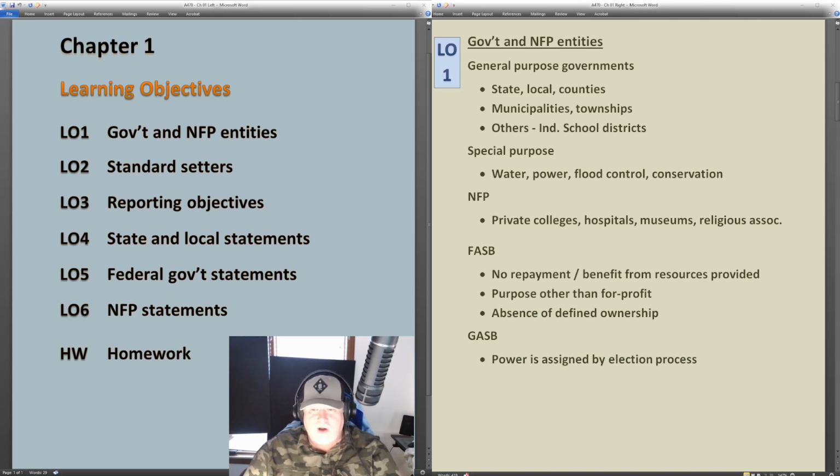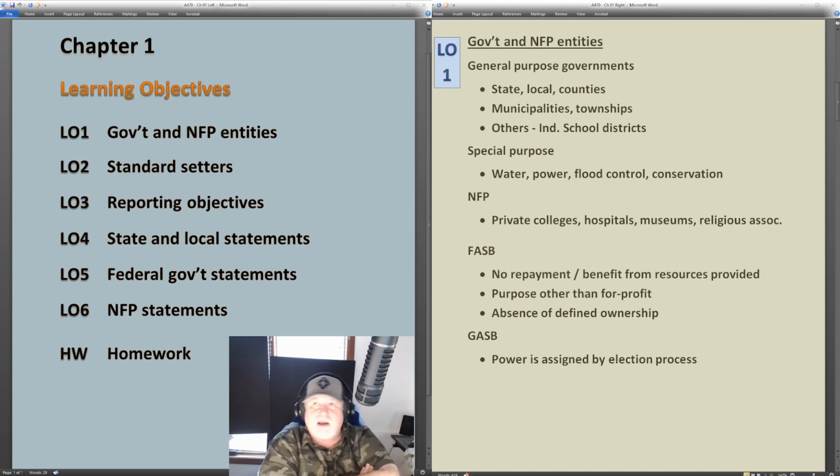There are actually three governing bodies, but the book initially tries to define what is a government or a not-for-profit entity. The first definition is from FASB, the normal standard setter for for-profit entities. It says a not-for-profit entity is one that does not expect repayment or benefits from the resources provided.